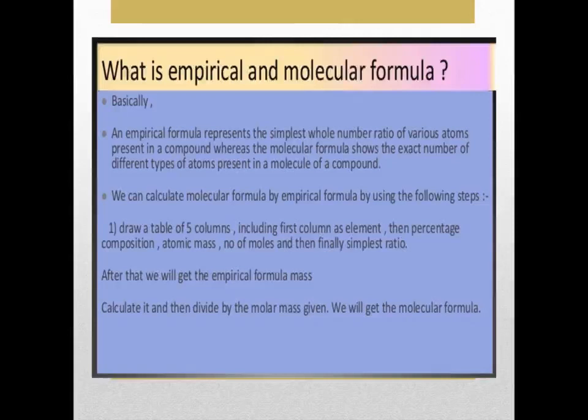There are steps for calculating the molecular formula, which I will tell you later. First of all, elemental analysis of a compound gives the mass percentage of atoms present in the compound. Using the mass percentage, we can determine the empirical formula. The molecular formula of a compound can be arrived at from the empirical formula.